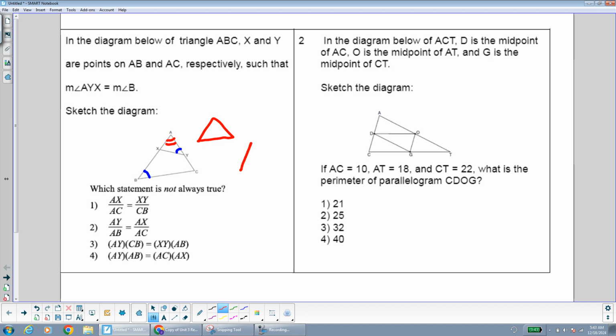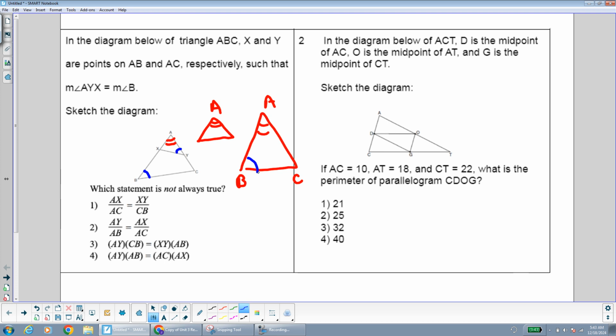I'm also going to just redraw the triangles so I can put their corresponding parts together. So I'll start with the large one, I guess. A, B, C. A is congruent in the small and big triangle because it's shared, so it needs to go in the same spot. And this angle is the same as this angle.